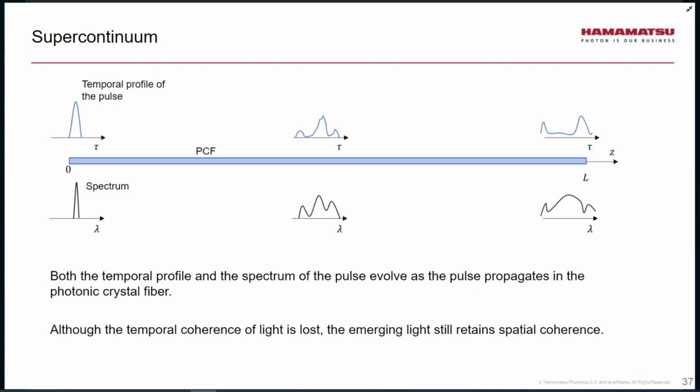So if I have a fiber of certain length, as shown here, the PCF, and I inject a pulse with certain temporal characteristic and certain spectrum, as shown on the left-hand side, as this pulse propagates, both characteristics evolve with length, and therefore what exits the fiber depends on its length. So the output spectrum, the output time characteristic, the output coherence depend effectively on the length of the fiber.